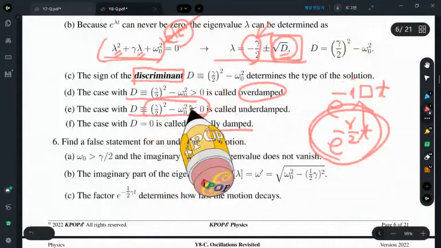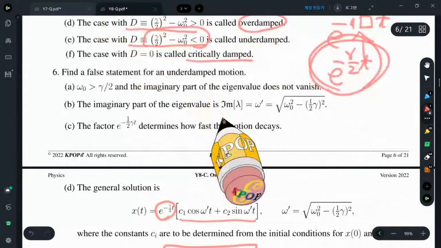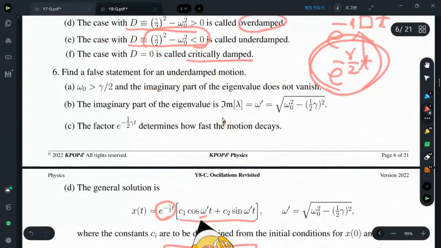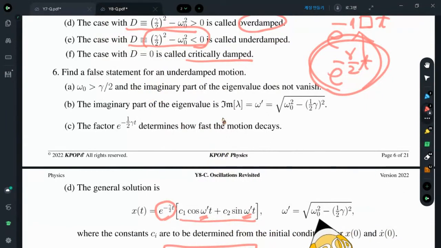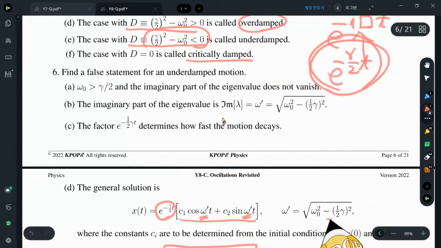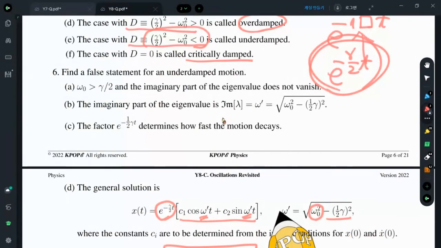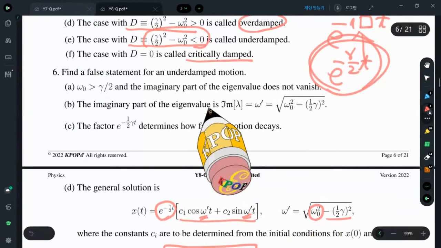Because this is negative, the oscillating frequency is different from omega 0. It is the square root of omega 0 squared subtracted by 1/2 gamma squared. So the frequency is slightly smaller than the original frequency. That means the period is slightly longer than the original period of the simple harmonic oscillator.